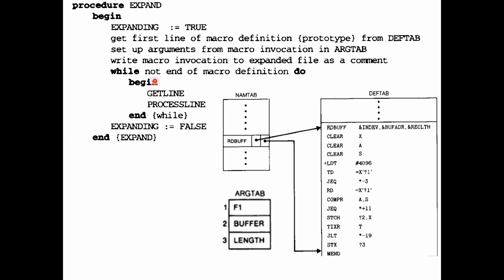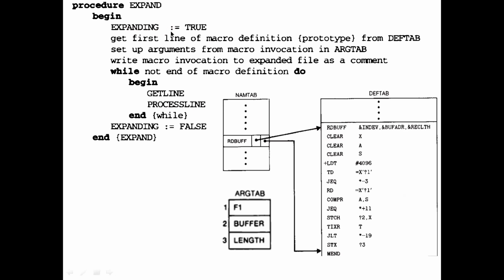And what do you do? While not end of macro definition. So while not end of macro definition means this is your macro and the end of macro definition is MEND. So while not that end, you get the line and you process the line. So get line will read the line and it will process it, right? So the first line, clear X. So it will get the line clear X. Now remember, the value of expanding is true.